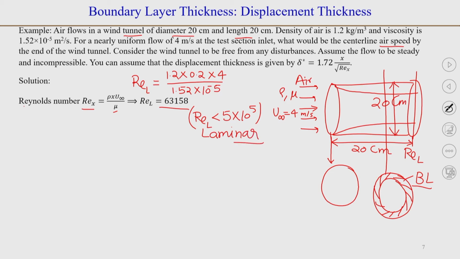It has also been suggested that we can consider the wind tunnel to be free from any disturbances. So, if the flow is smooth, then the flow is going to remain laminar in the wind tunnel. Now, the question is that when there is a boundary layer, the area available for the uniform flow will keep decreasing as we go from entry to the exit of this tunnel.